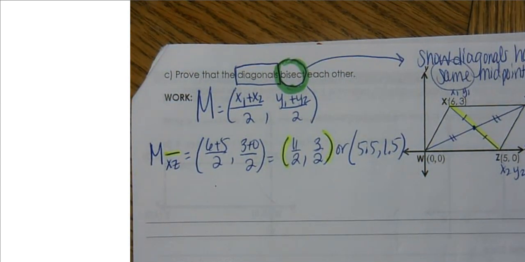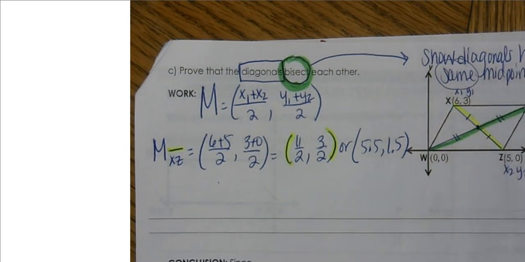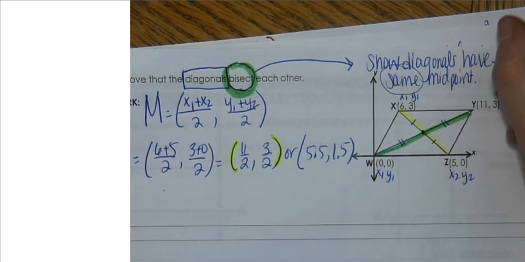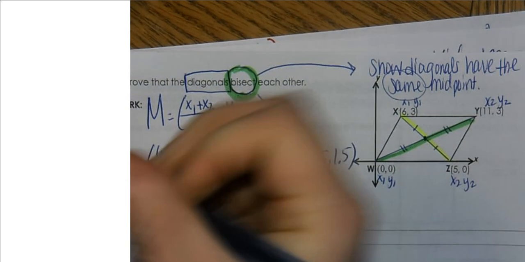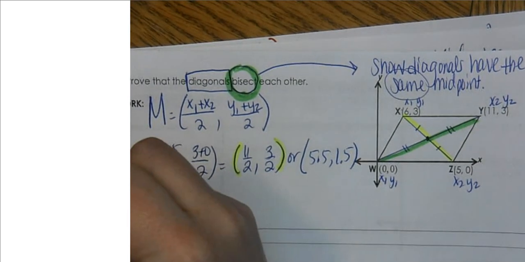So now let's go ahead and find our other midpoint, and that's finding the midpoint of the green segment. And I'm going to label x1, y1, and x2, y2. And I'm going to put these values into my midpoint formula. This is finding the midpoint of WY.